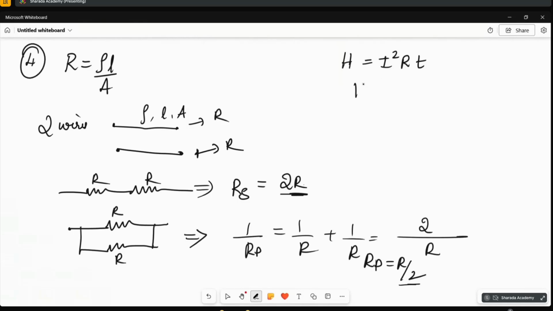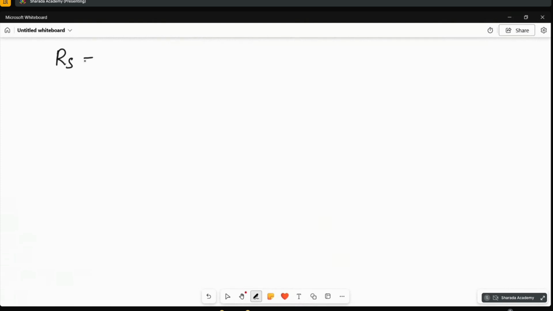Or I can write this as I into R is V, so V into I into T. I can write the formula as V square T by R, where Rs is equal to 2R and Rp is equal to R by 2.